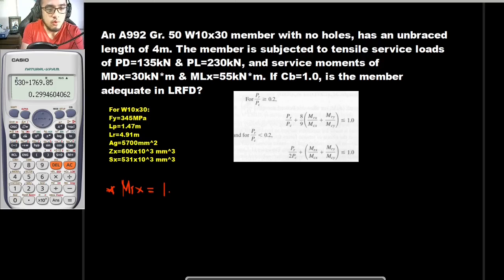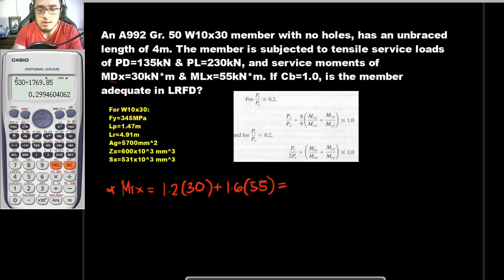So that is to be 1.2 times 30, 30 kilonewton meters for the dead load, plus 1.6 times 55, this 55 being your live load. So 1.2 times 30 plus 1.6 times 55, our answer for our MRX would be 124.